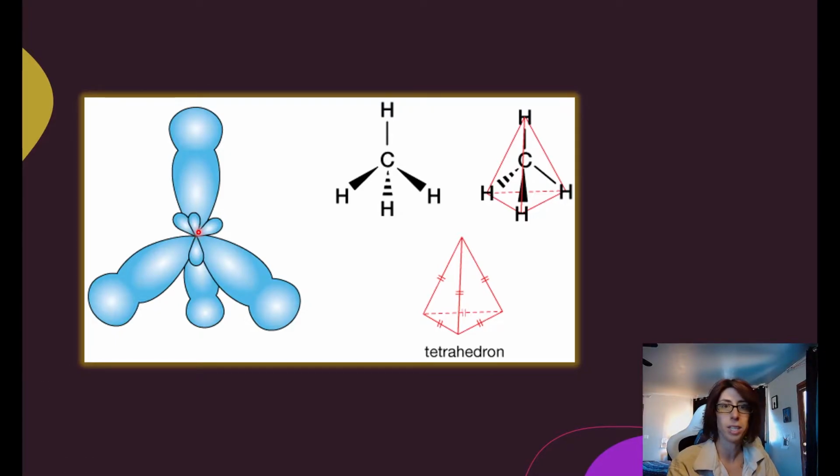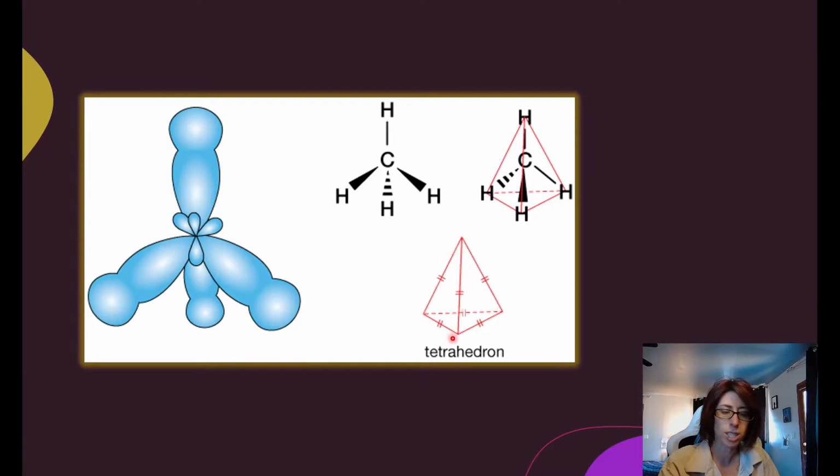Carbon would be in the center, and when it has all 8 electrons in its outer valence, when it has a full outer valence because of the covalent bonds it's making, they spread out from each other like this. This is the shape of their orbital. So there's that tripod-looking structure there.